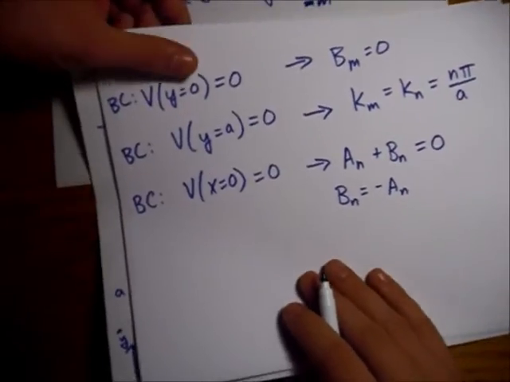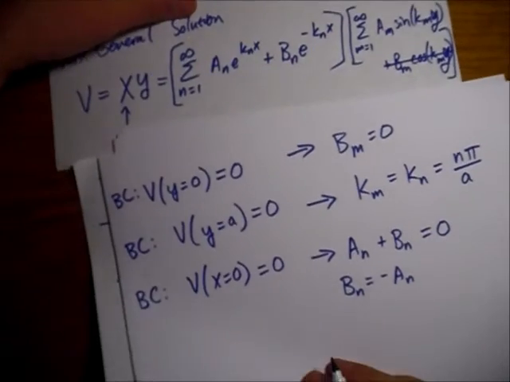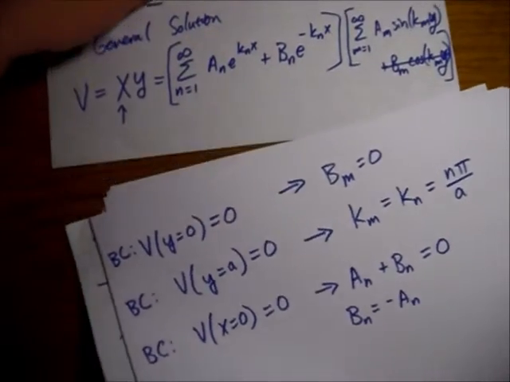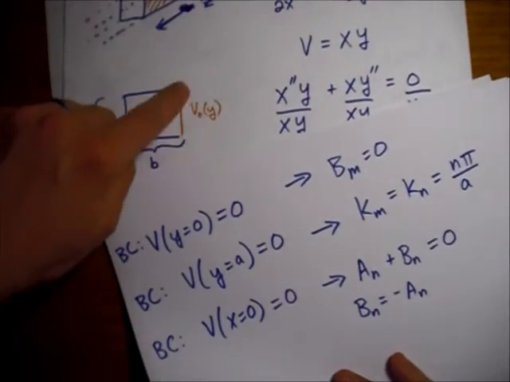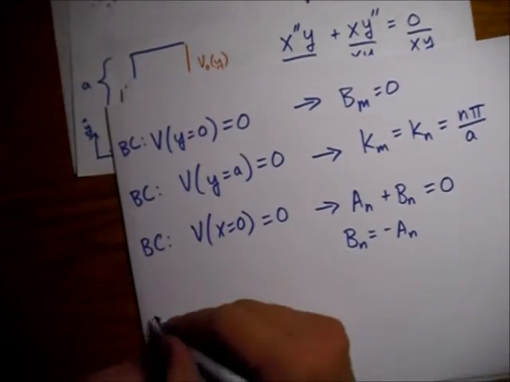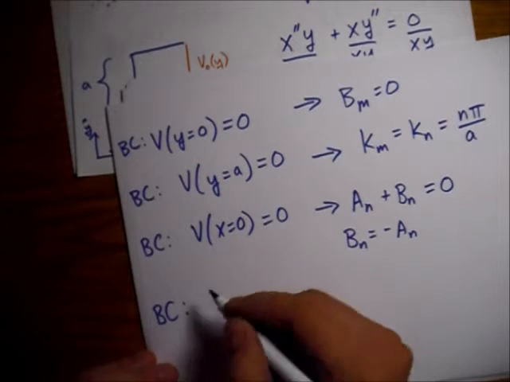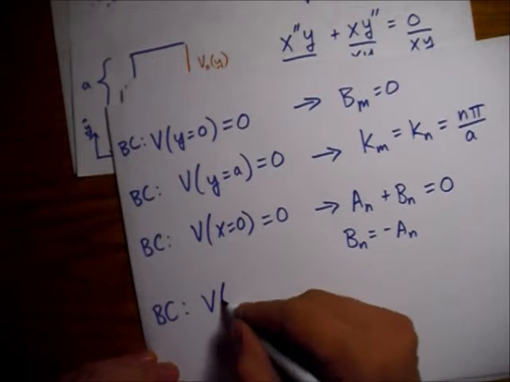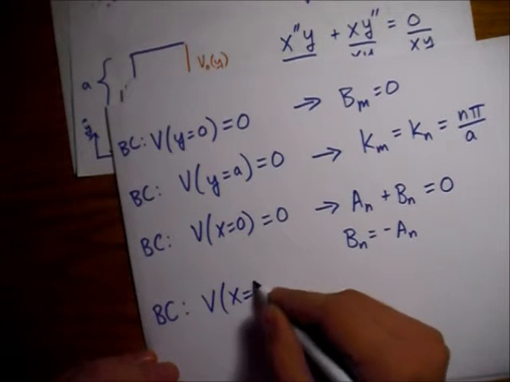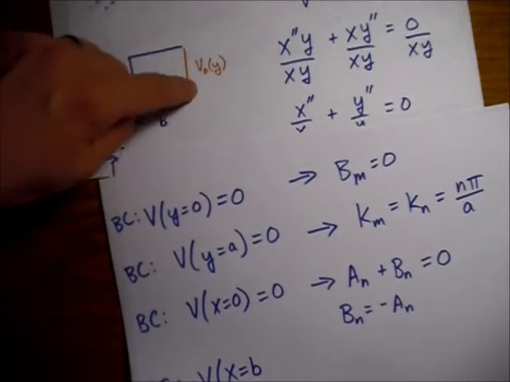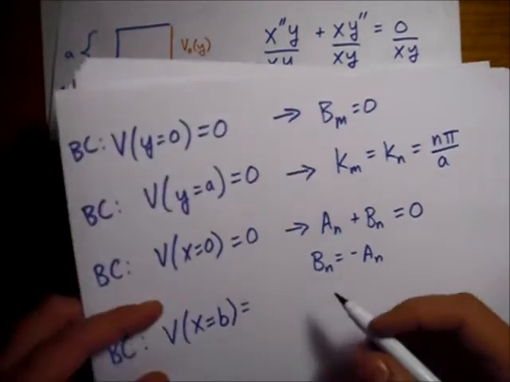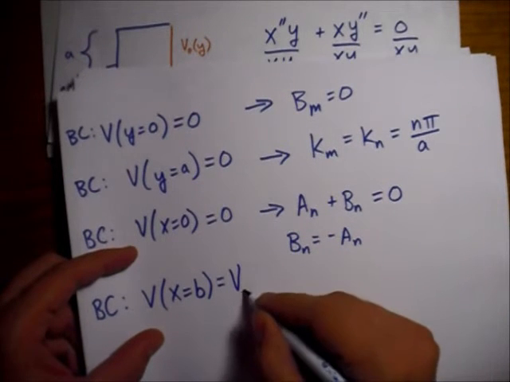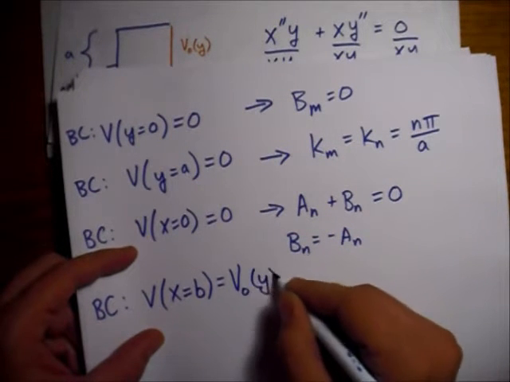All right. And finally, we have one more boundary condition over here on this side. V at x equal to b over here on this side is equal to not 0, but what we're calling v naught as a function of y.